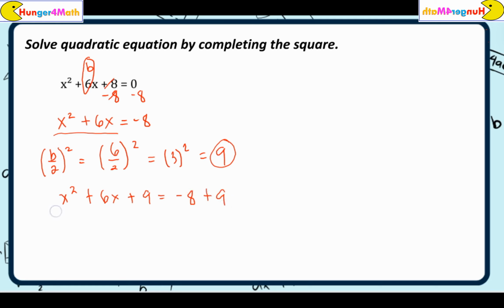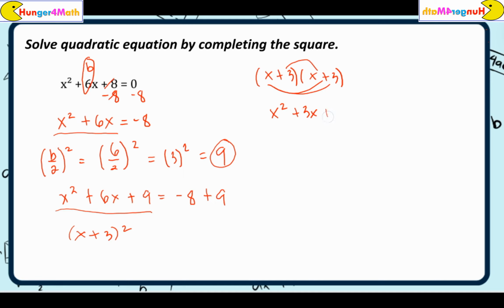Afterwards, now this is a complete square that would turn into x plus 3 squared. Okay, to double check that, if we have x plus 3 and x plus 3, so x times x is x squared, x times 3 is plus 3x, 3 times x is plus 3x, and 3 times 3 is plus 9.